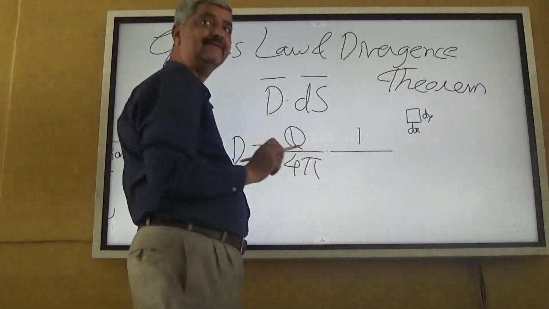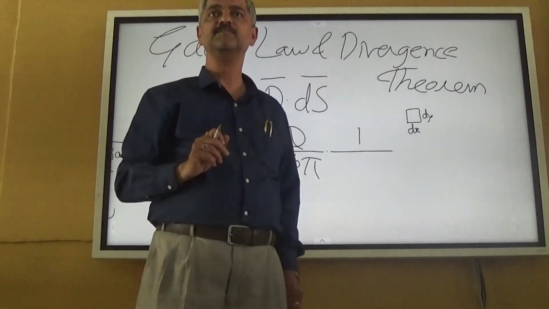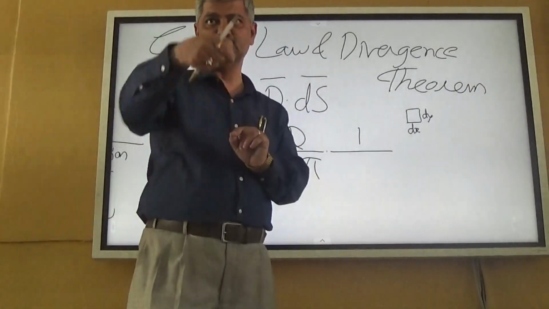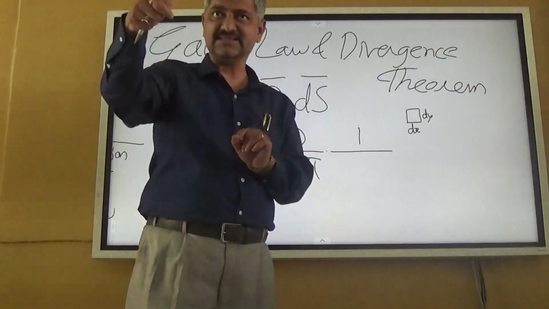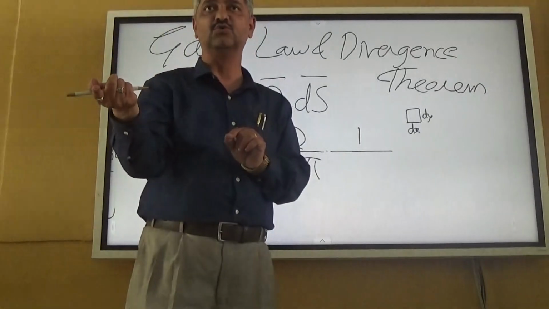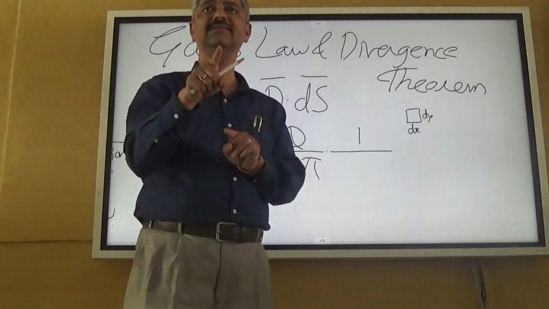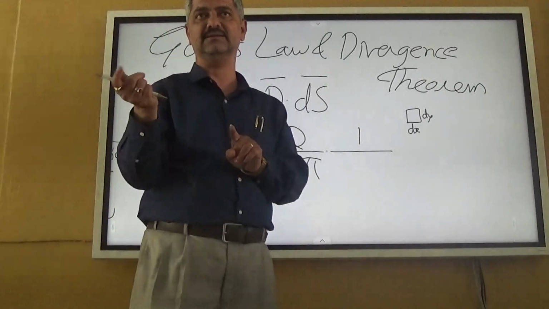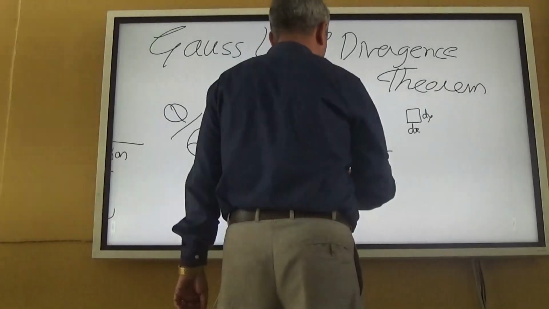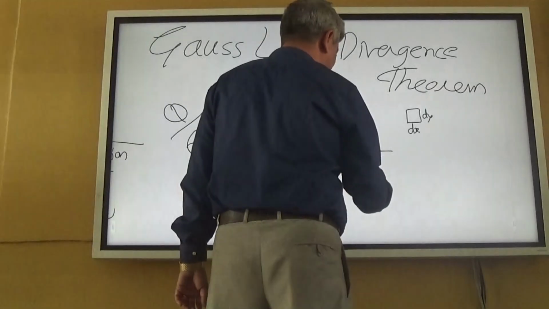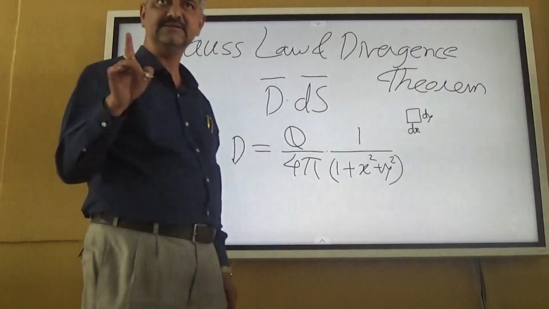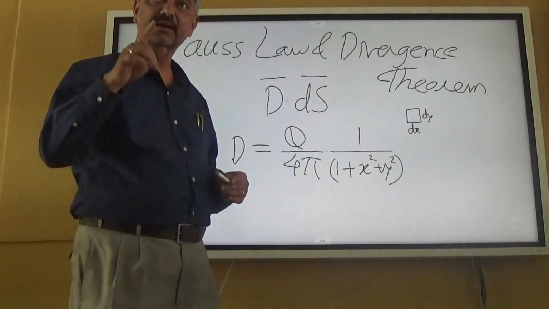What is r? r is z equal to 1, x and y as it is. So under root 1 square plus x square plus y square. So r square would be 1 plus x square plus y square. Right? Is it okay?